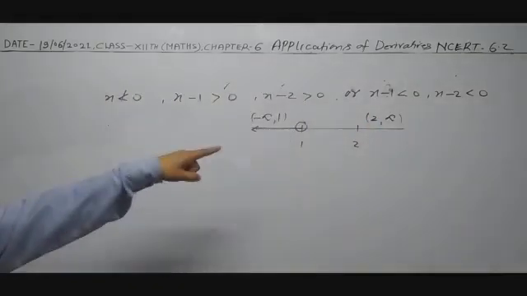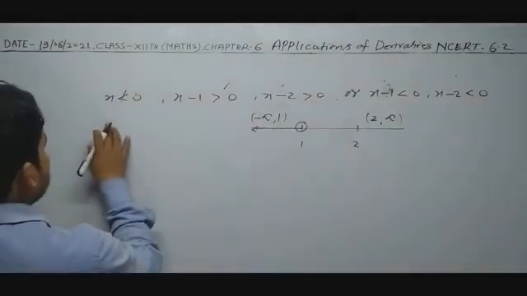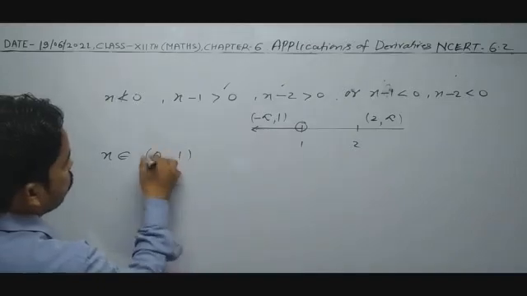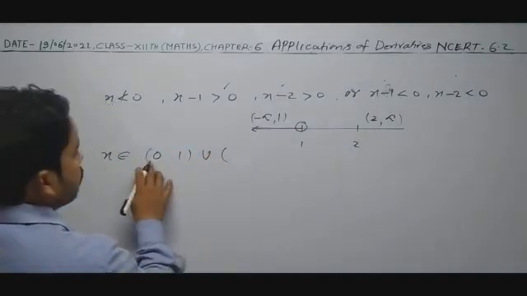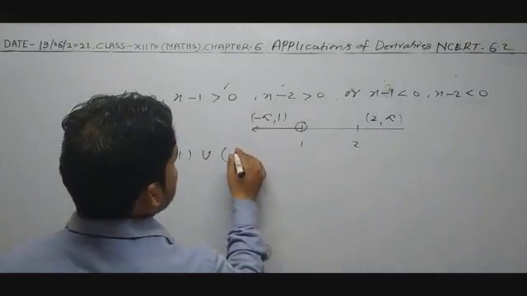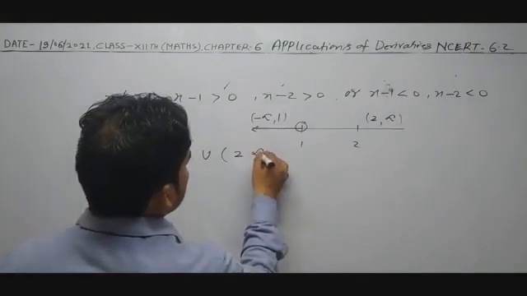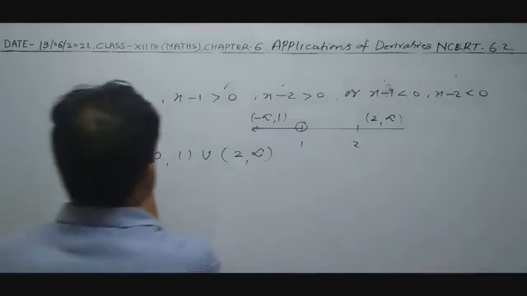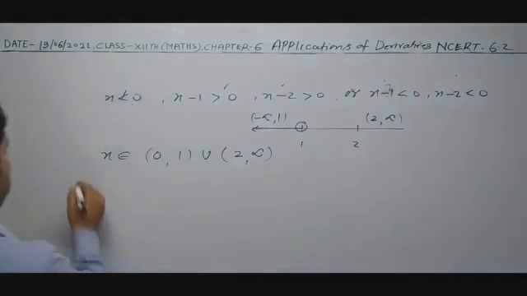But when you include this, the result will be x belongs to 0 to 1 union 2 to infinity. This will be the answer of the increasing range. So 0 to 1 and 2 to infinity are the intervals in which the function is increasing.